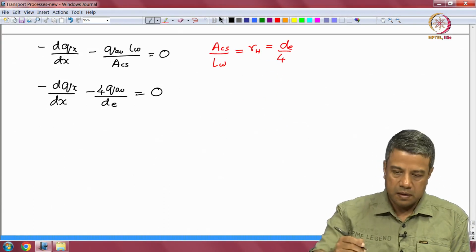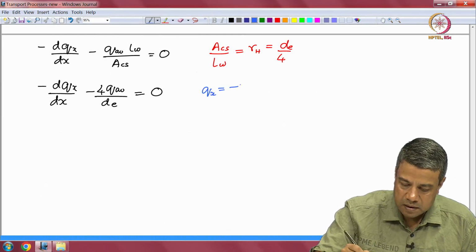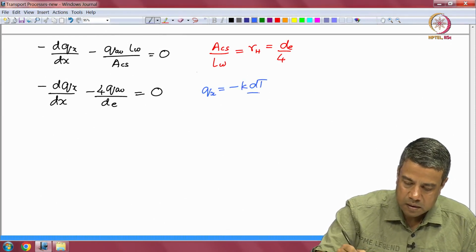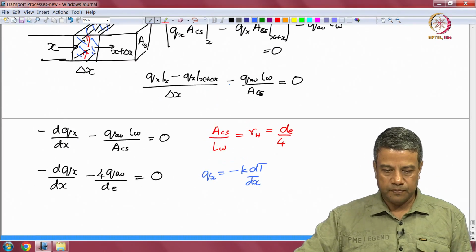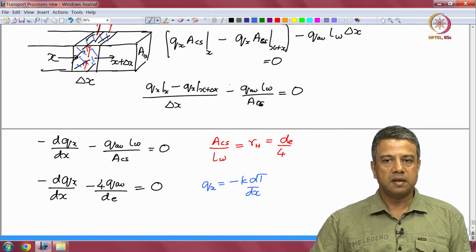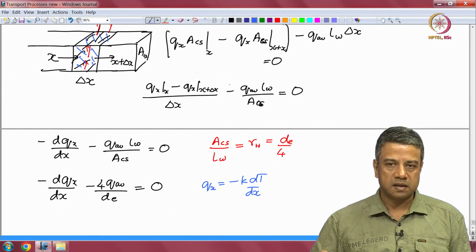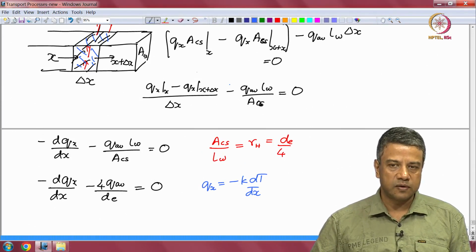And then here I substitute Fourier's law for heat conduction. That is because along the length of the object, heat is being transported by conduction. This is a metal fin. Within the object, conduction is the only mode of transport.